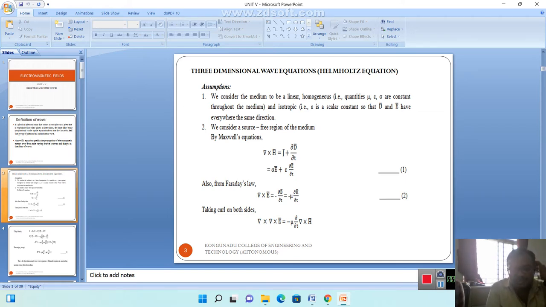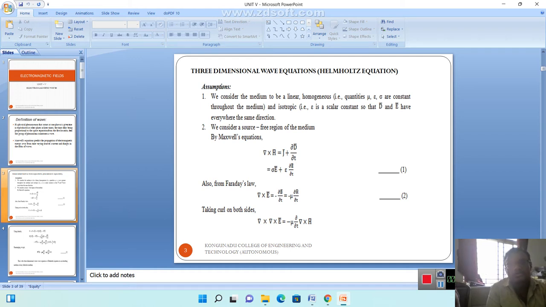First point, we consider the medium to be linear, or otherwise homogeneous, that is, the quantities mu, epsilon, sigma are constant through the medium, and isotropic, that is, epsilon is a scalar constant, so the D vector and E vector have everywhere the same direction. Second one, we consider a source-free region of the medium. By Maxwell equations, we are going to form the Maxwell equation in a free region of the medium.